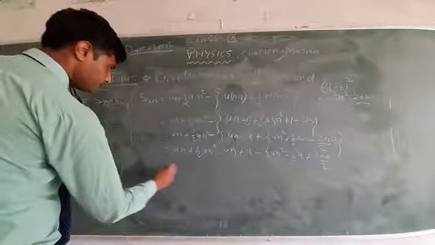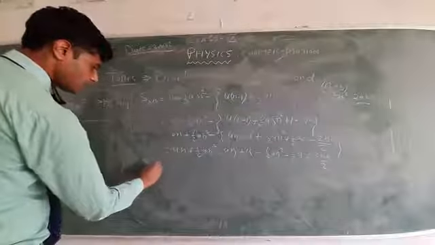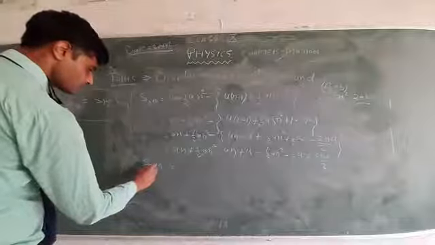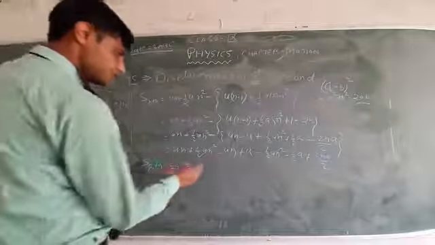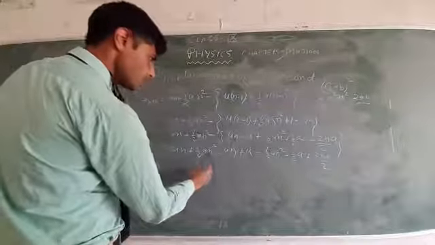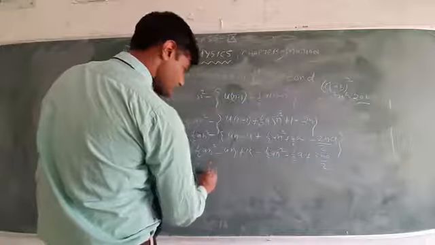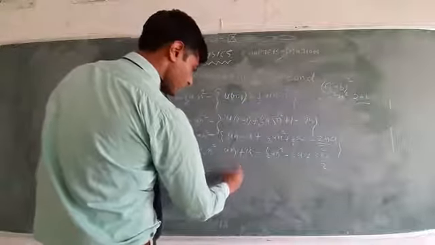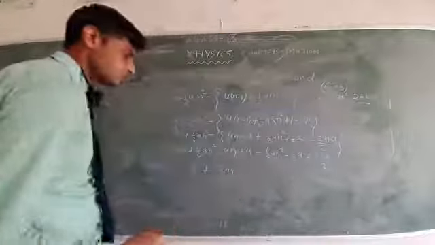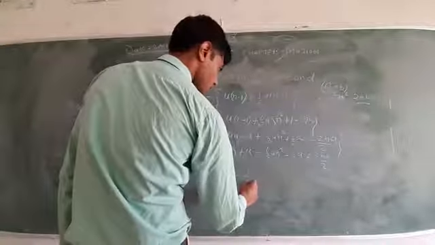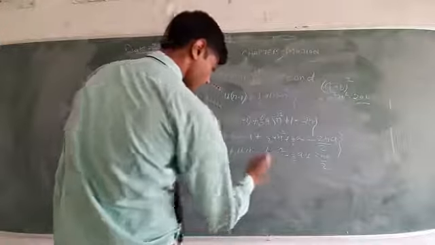So it means S nth is given as u plus 2na upon 2 minus 1 upon 2a.